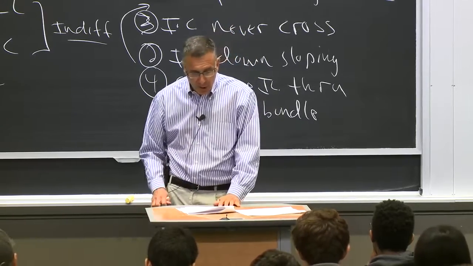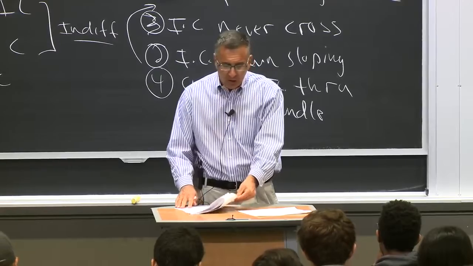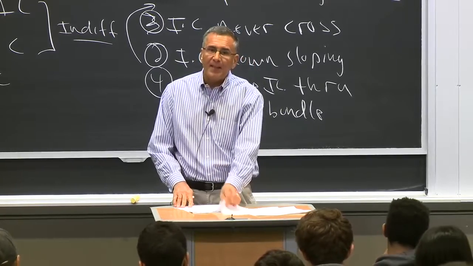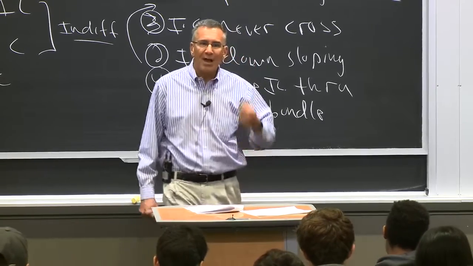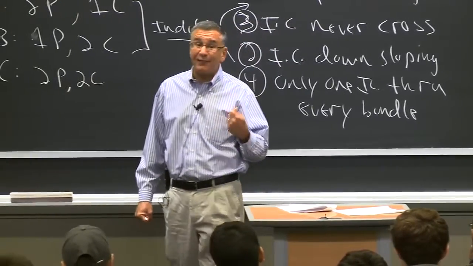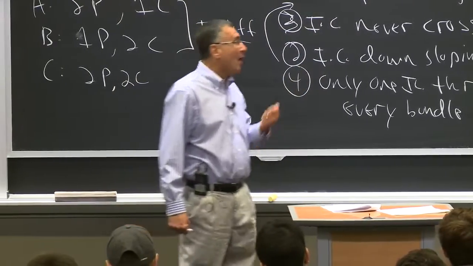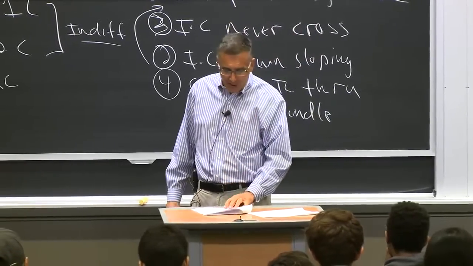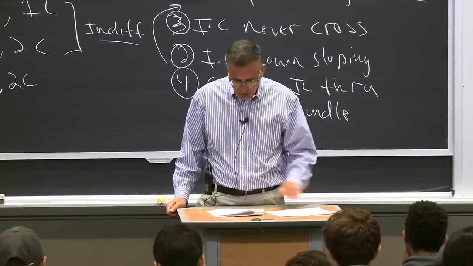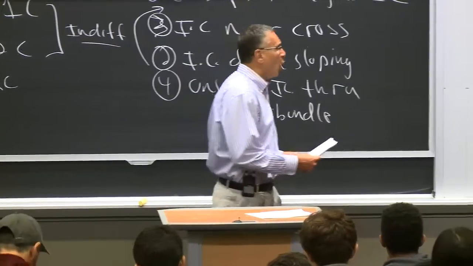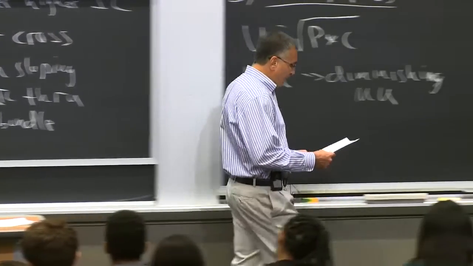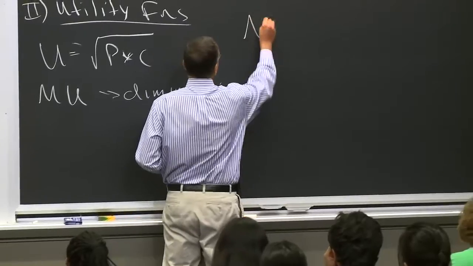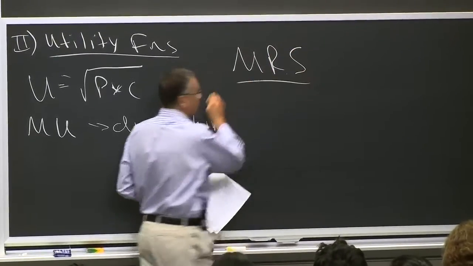Good questions. All right. So now let's flip back from the math to the graphics and talk about where indifference curves come from. I just drew them out. But in fact, indifference curves are the graphical representation of what comes out of your utility function. Okay? And indeed, the slope of the indifference curve, we're going to call the marginal rate of substitution.